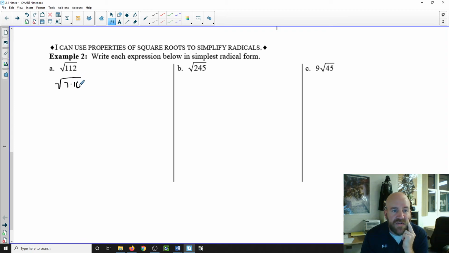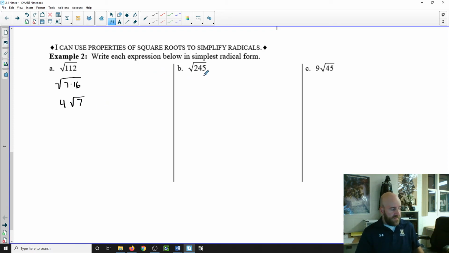And I chose 16 because it is a perfect square. So we could do square root of 16 is 4, so that comes outside. Square root of 7, we're just going to leave like that because 7 is a prime number. I'll just leave it inside. So it's 4 times the square root of 7.